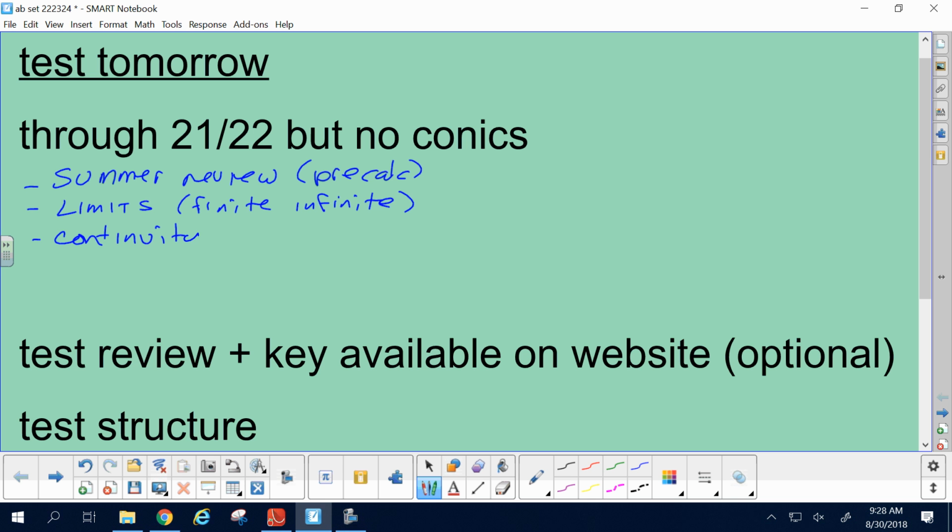You must definitely know the definition of continuity. It'll cover the intermediate value theorem. Make sure you know how to phrase that well. Basically, I want you to show betweenness and continuity and then say the intermediate value theorem guarantees, and so on. And then definitions of the derivative.